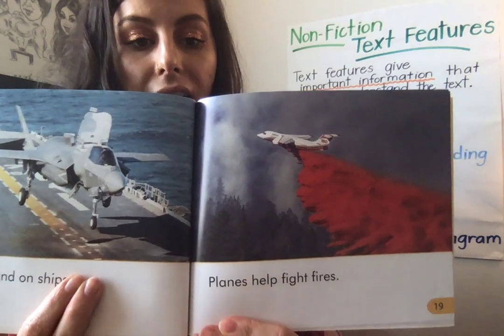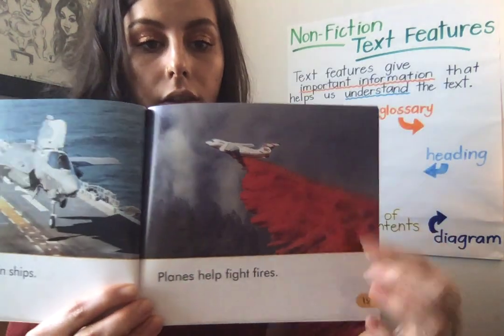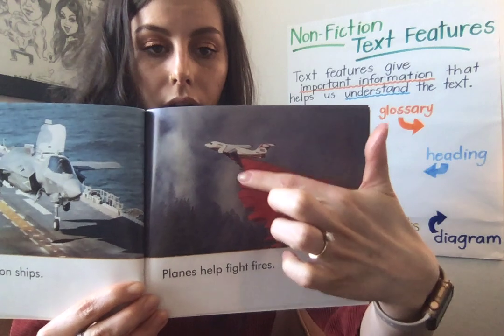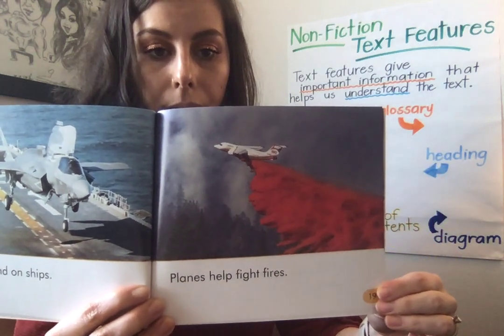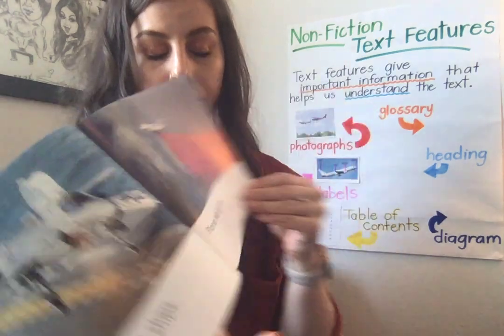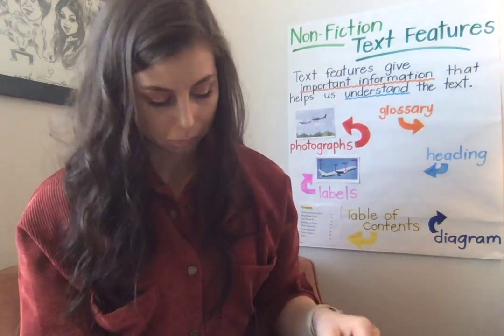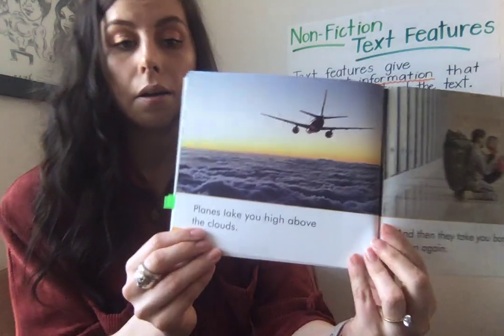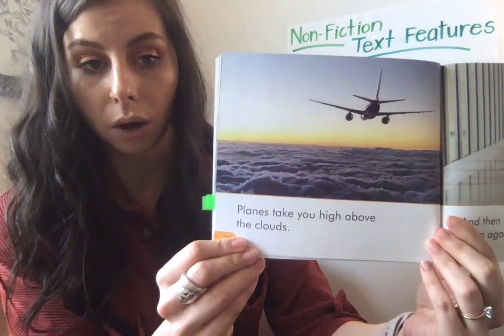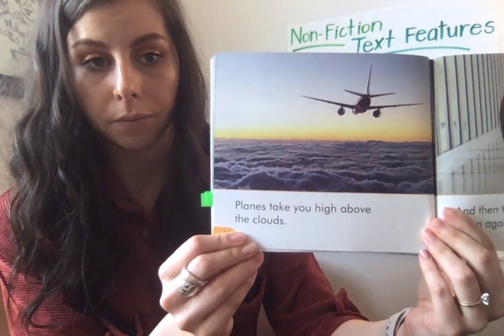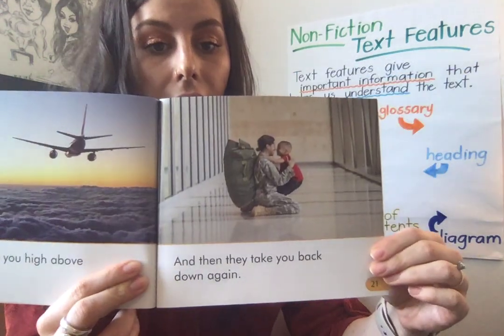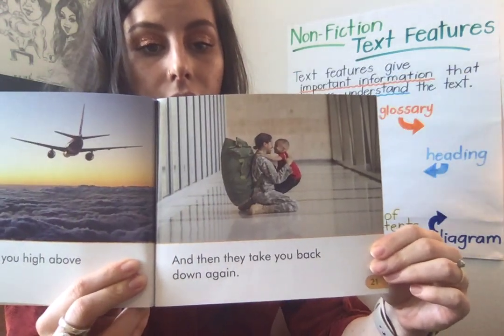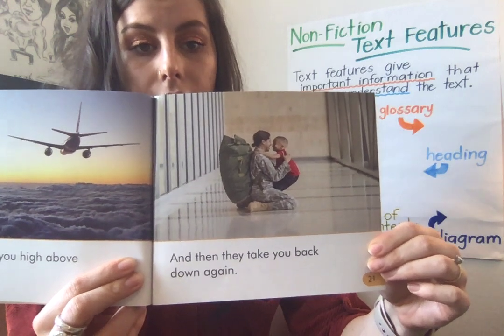Planes help fight fires. This red stuff coming out of the plane, they put it on the fire, and it helps the fires to stop burning. Planes take you high above the clouds. And then they take you back down again.